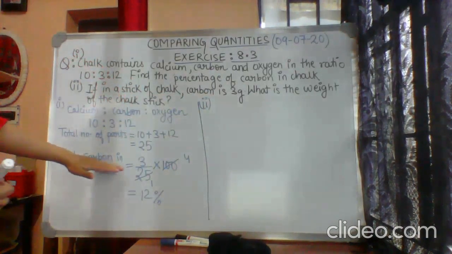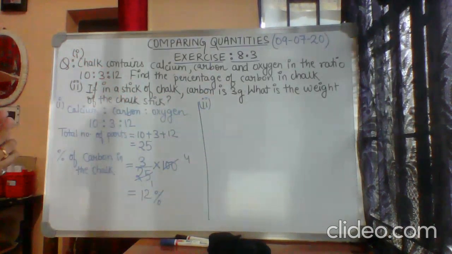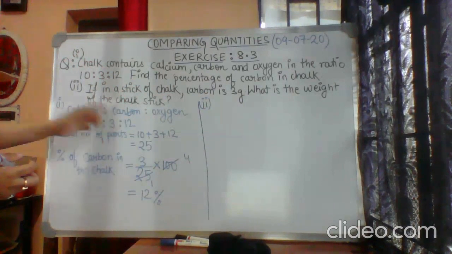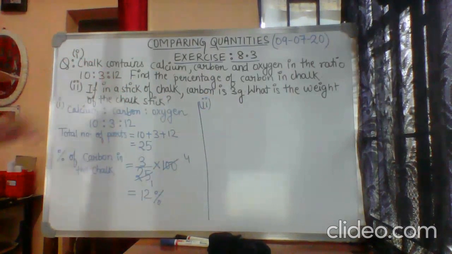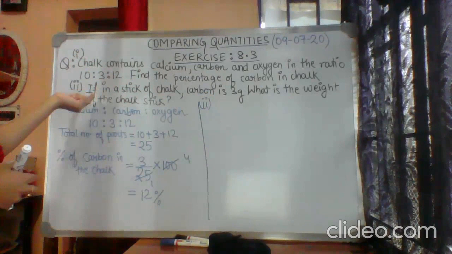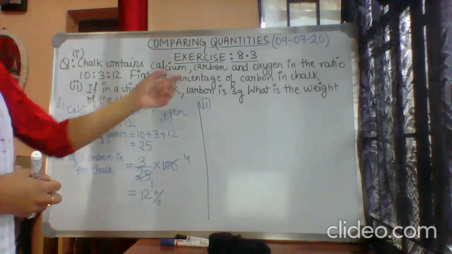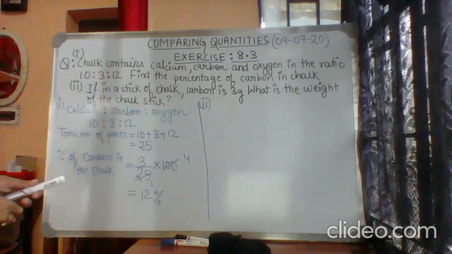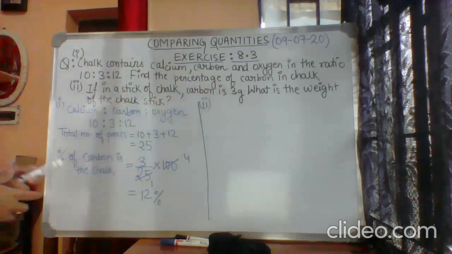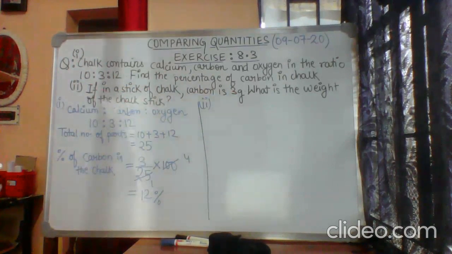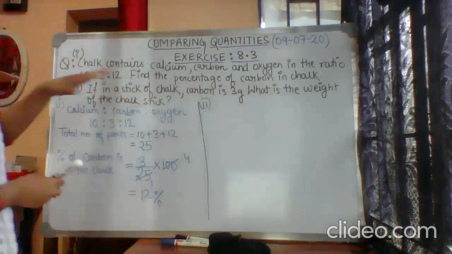So how much carbon is present? We already know how many parts of carbon there are. In the second part, it has been asked: if in a stick of chalk, carbon is 3 gram, the mass of the carbon is given, 3 gram of carbon is present, what is the weight of the chalk stick?